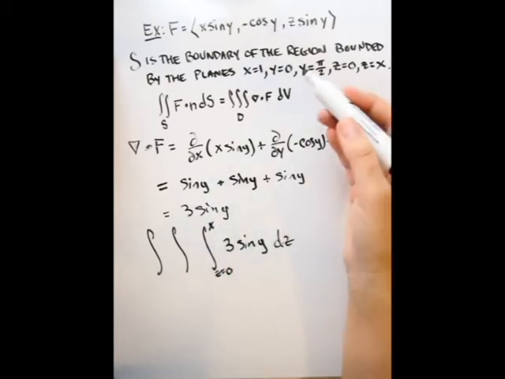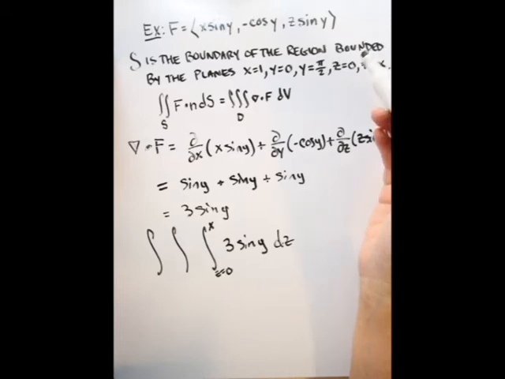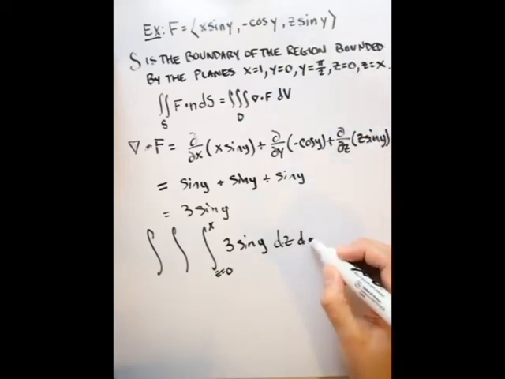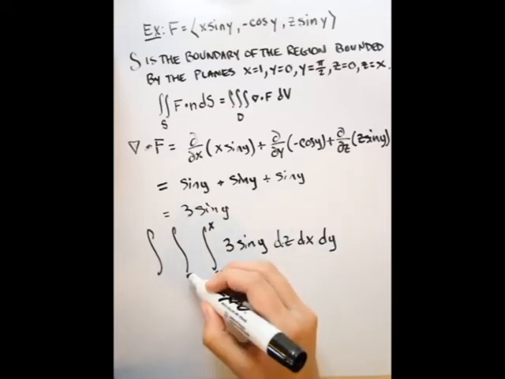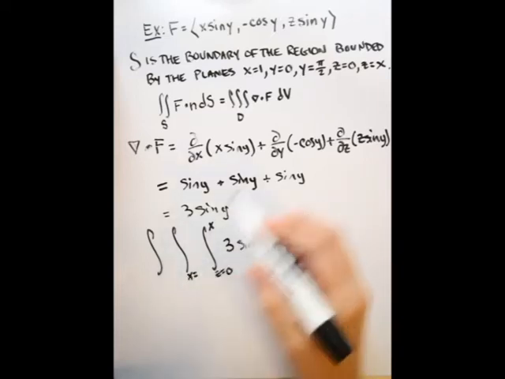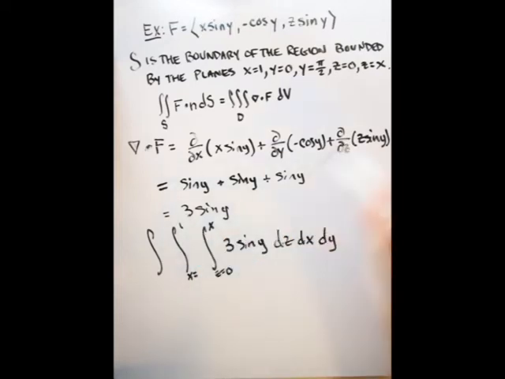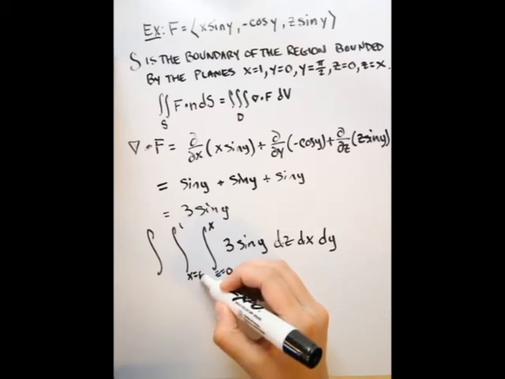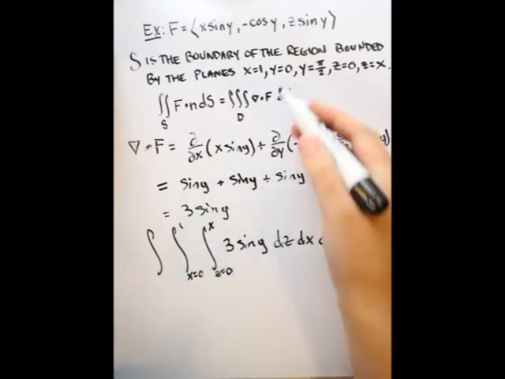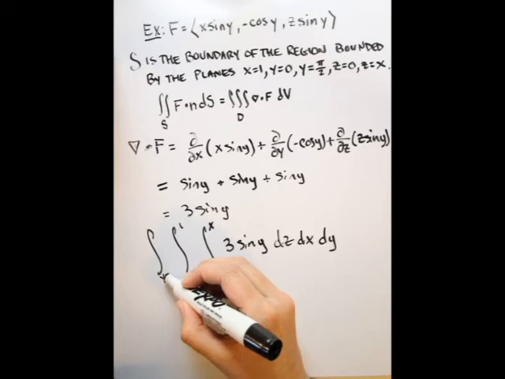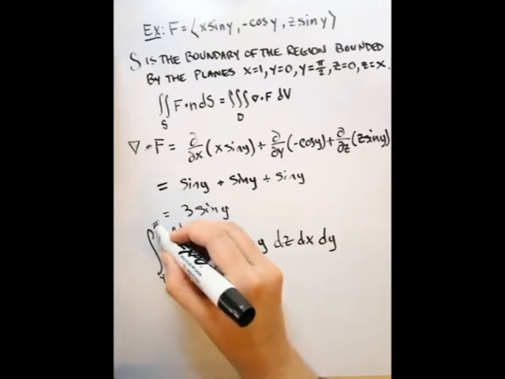Then next we have a choice between y and x, and the next best choice would be to integrate with respect to x and then y. So if we integrate with respect to x, we know that we're bounded by the plane x equals 1, but we also know that z equals x and z equals 0, so the lower bound for x is 0. And then last, the boundaries for y are 0 to pi over 2.